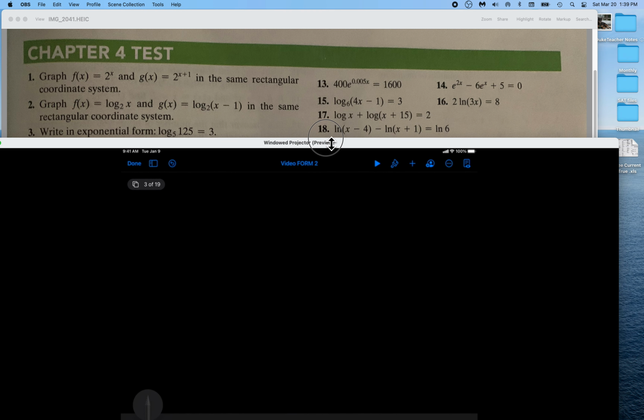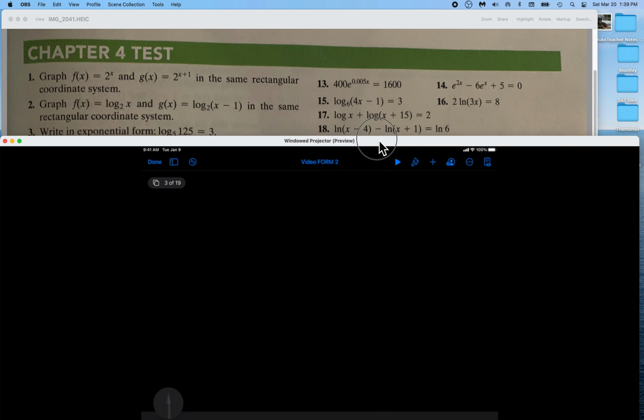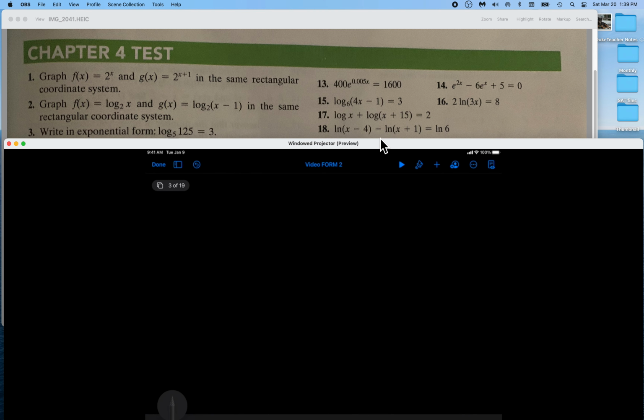Okay, number 18. Similar problem, but as I look at this, first thing I notice is the bases are the same. There's no coefficient out front that we would have to move to the exponent position, so we can condense these logs. When we do, because of that minus sign, that argument goes in the denominator.